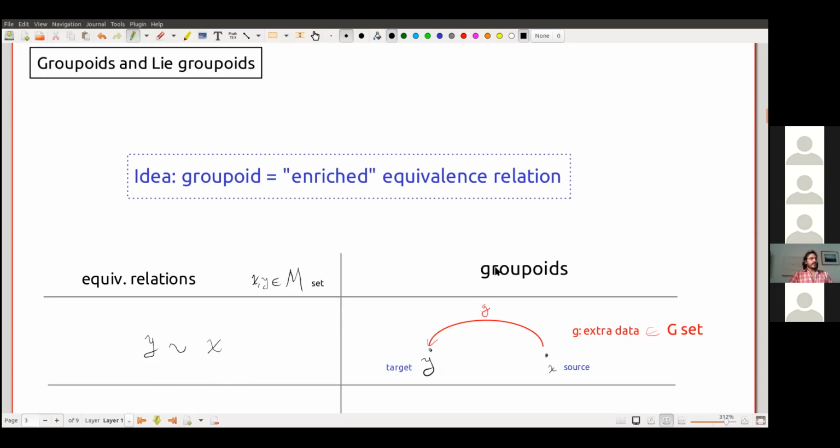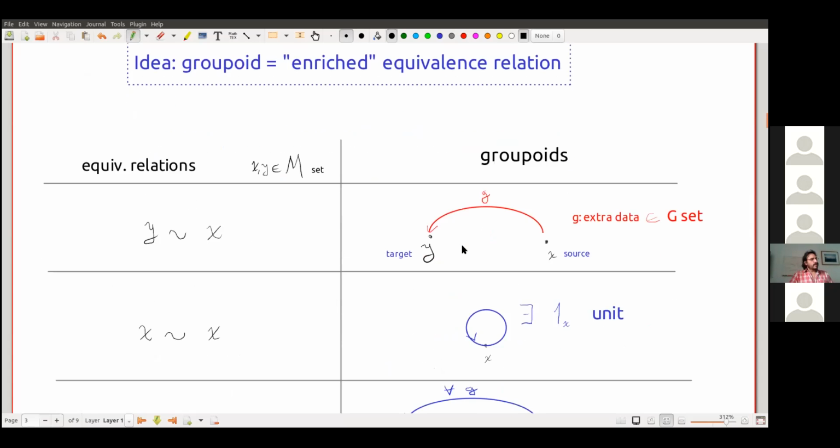And then the structure of the groupoid can be motivated by following the axioms of an equivalence relation. For example, every element is equivalent to itself, and then you think that among all particular arrows like this, there is one that is distinguished called the unit.